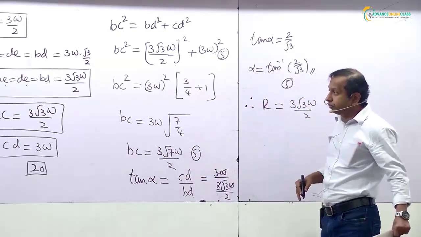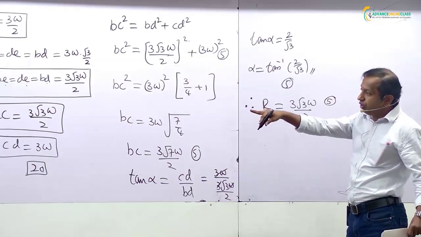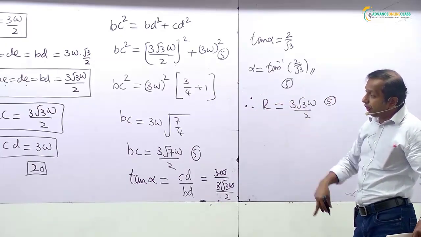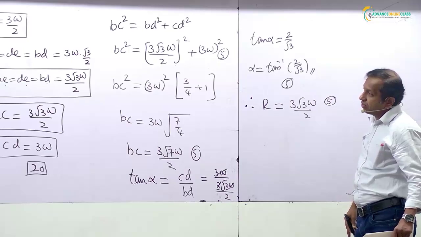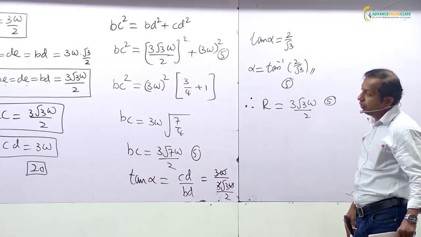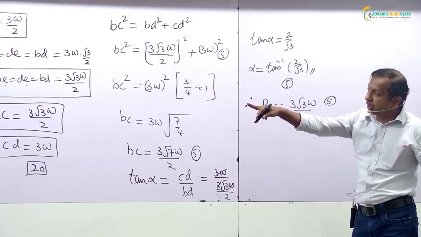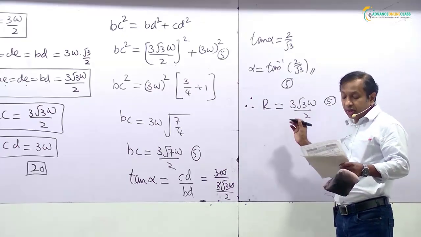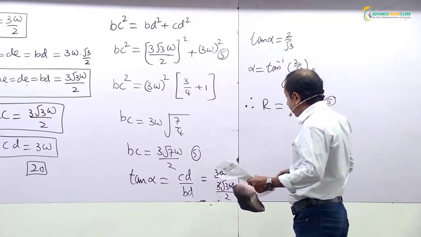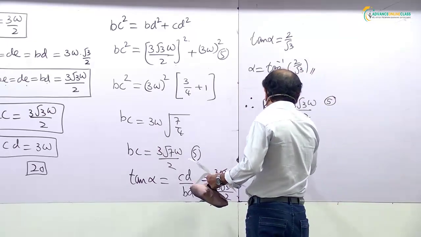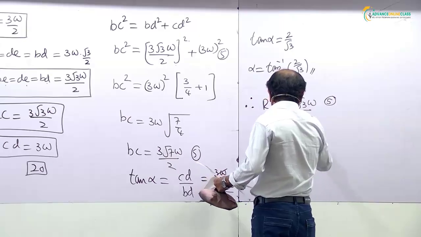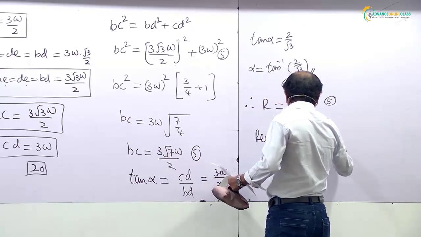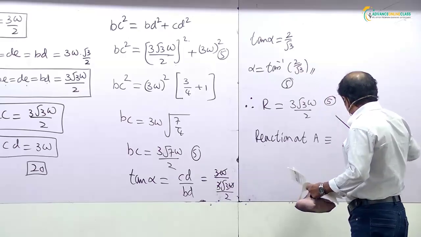Remember, we found CA, but we must identify by CA the force R. That you must write here, because it asks for R, the reaction at A. So it is in this direction.